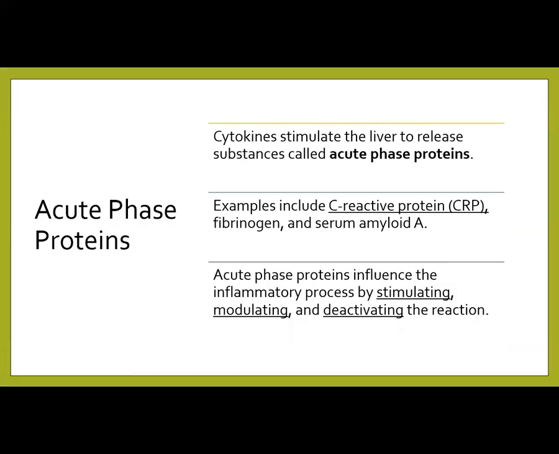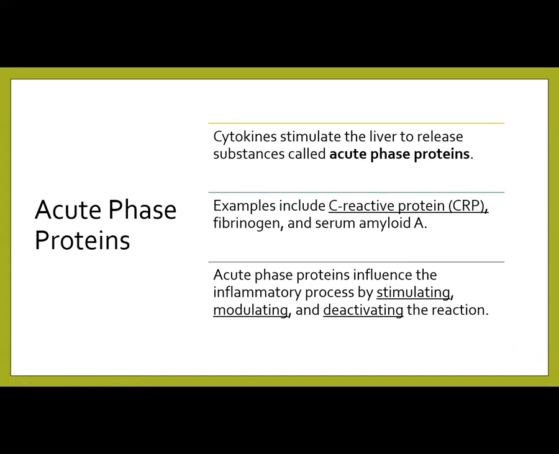So your acute phase proteins. Cytokines stimulate the liver to release a substance called acute phase proteins. Some examples include C-reactive protein, CRP, fibrinogen, and serum amyloid A. Your CRP is a lab we use a lot in nursing, because it's one of the ones that shows whether or not the patient has an inflammatory response.